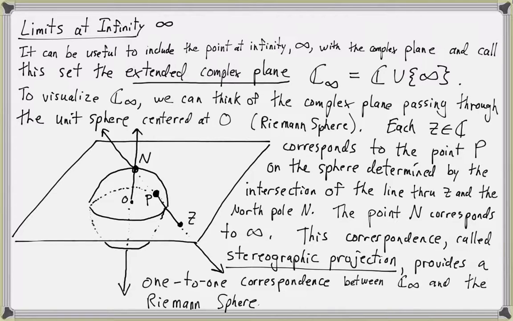So now with this idea of stereographic projection, we can describe characteristics of epsilon neighborhoods of the point of infinity by recognizing them as neighborhoods of the North Pole on the Riemann sphere.